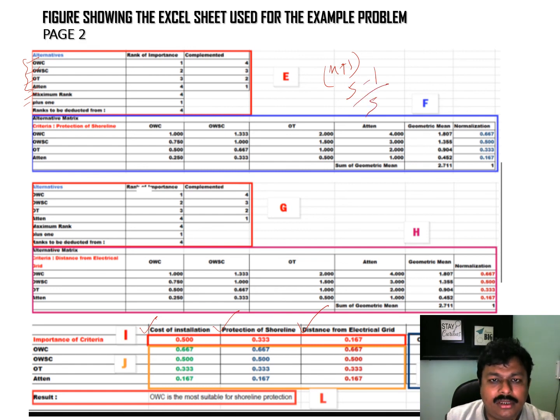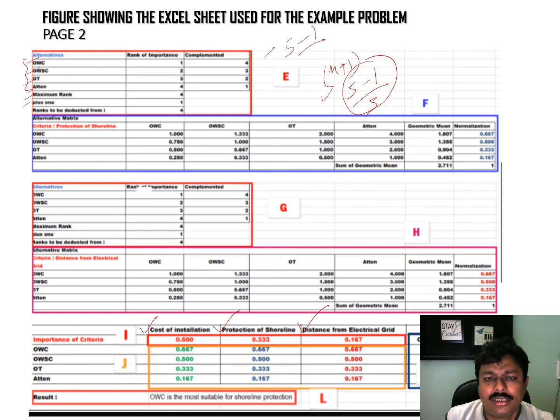Here, a little bit of difference was there between this method and that. Here we have just deducted the rank of importance from the n plus 1 value. We have not divided the rank of importance by n plus 1. So more or less they are the same. You can use this one, or you can just do 5 minus the rank.